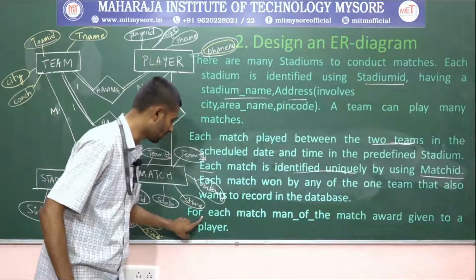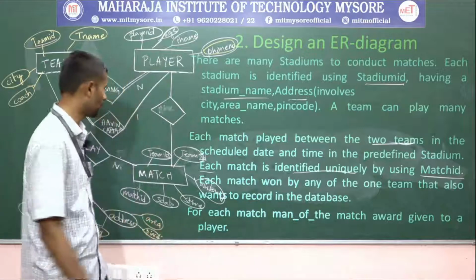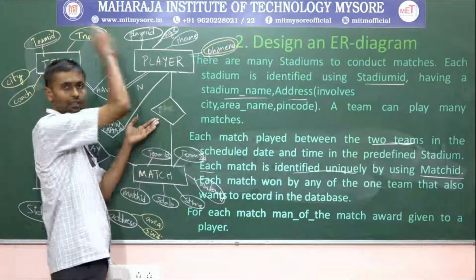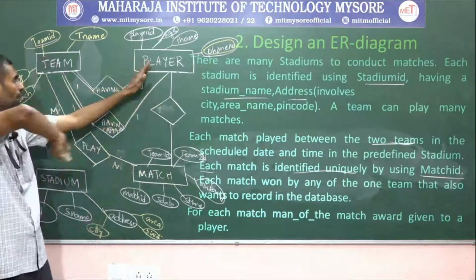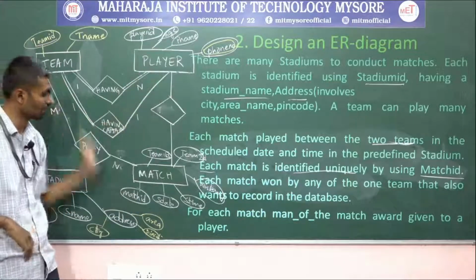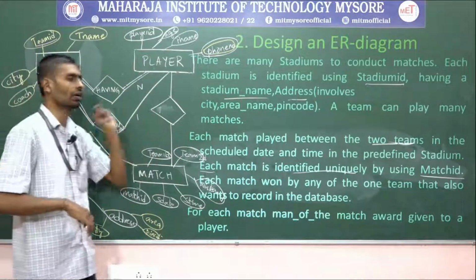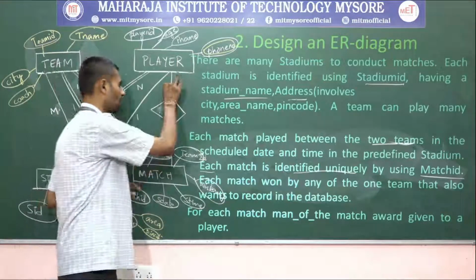But here they want to record information related to what? For each match, the man of the match award is going to be given to a player. That means match having man of the match player, that we want to record, right? Because already we have shown player belongs to team, plays matches. It's an indication that the player is playing a match. But here we want to record what? Each match having only one man of the match player.